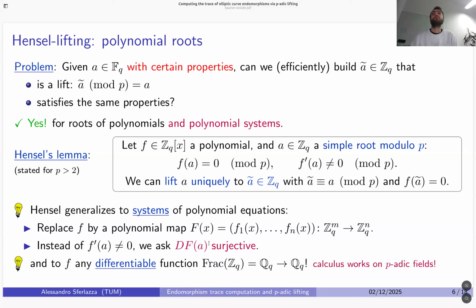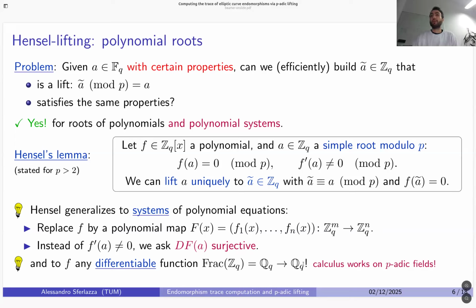And even more generally, we're not even restricted to polynomials, but anything that admits a derivative, so any differentiable function, or let's say over the fraction field of this ring, is actually accepted, and to such functions, Hensel's lemma applies.